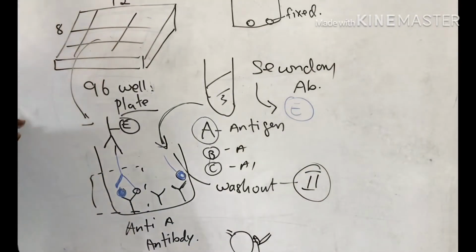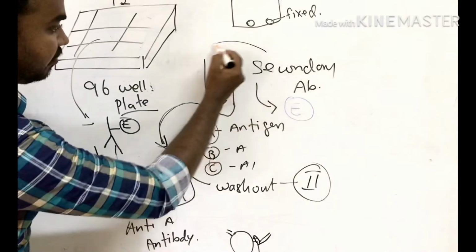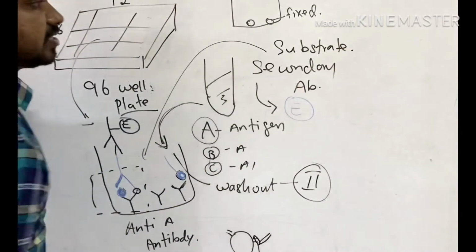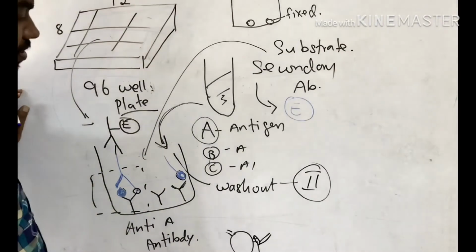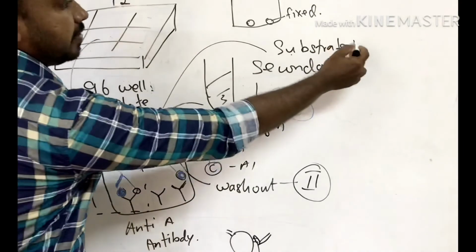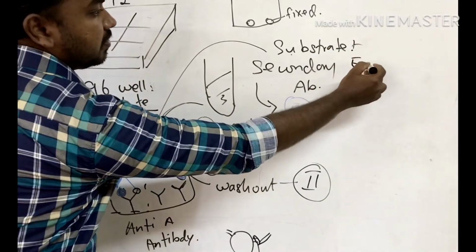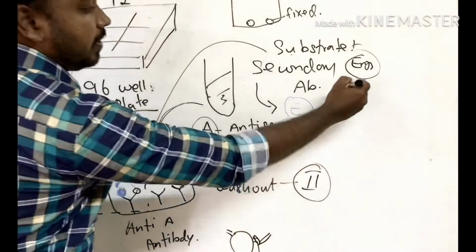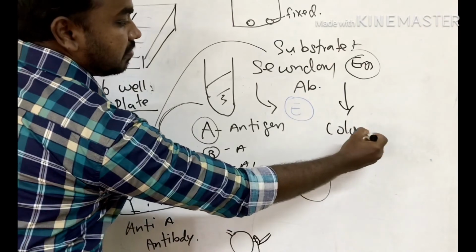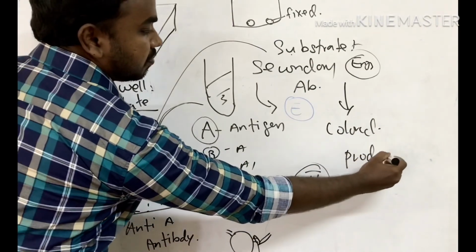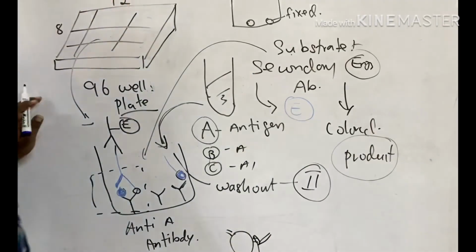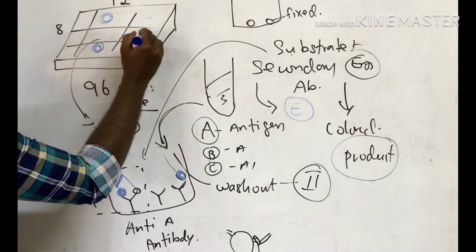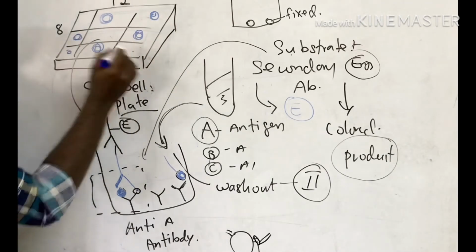The next step, we will add the substrate. This substrate we call the chromogenic substrate. As we discussed, substrate can react with enzymes, and it will produce a colored product. If you see this well, you can see some blue color production.